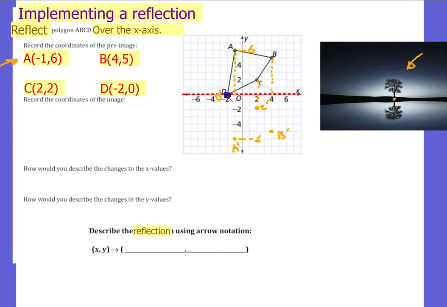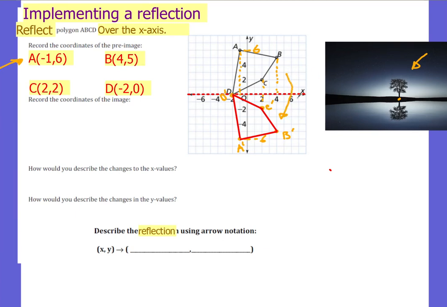Let's use a solid line for that. So we'll connect our dots, make our polygon. And we've got our new reflected shape. So you can see it's just mirrored over here.